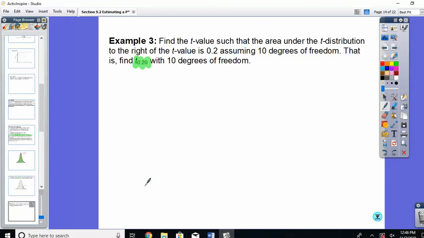So I'm going over to the 0.2, and we get 0.879. So that would be the T value that would give me an area of 20% to the right.